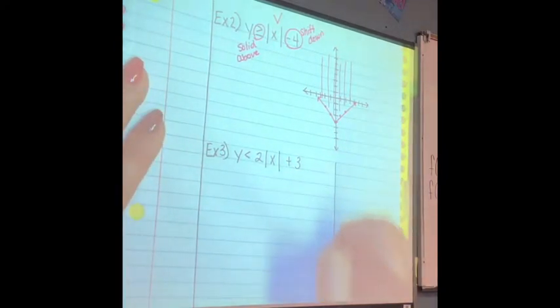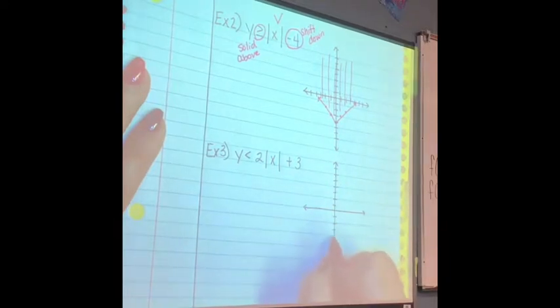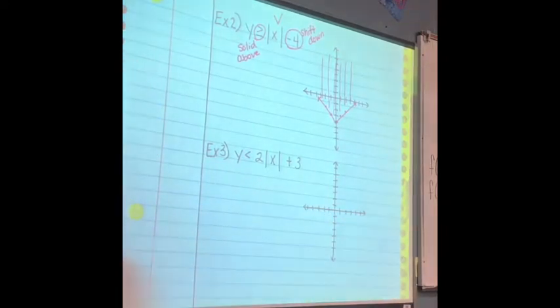All right, so let's look at another graph. It is absolute value. So what does that mean the graph's going to look like? A V. I guess I could have named that up here for our sake.